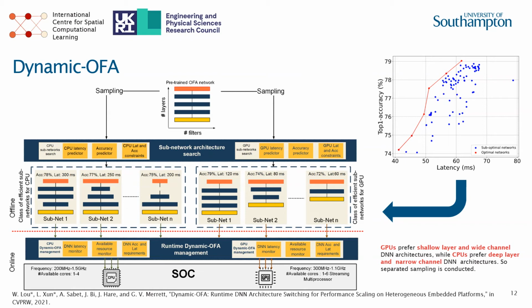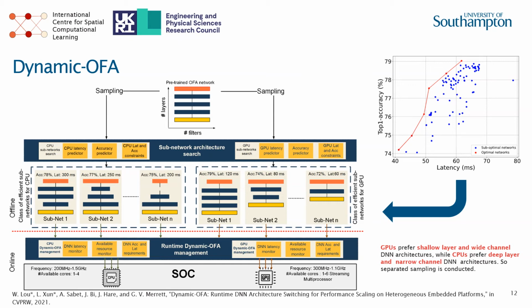We do the search for CPU and GPU separately because, based on previous research, they prefer very different model architectures. And this is also a benefit of using OFA as the backbone, because OFA can provide much more flexible networks that can be efficient on many different platforms, different heterogeneous cores.